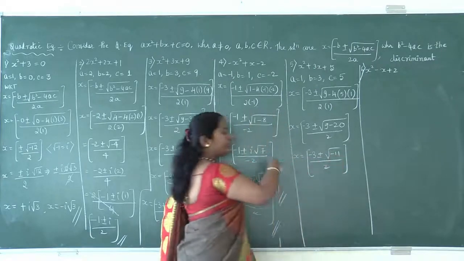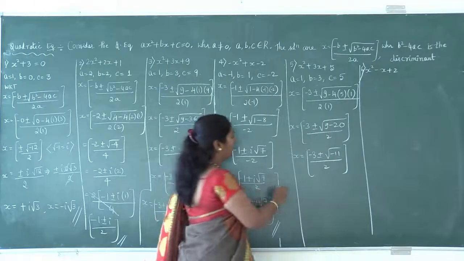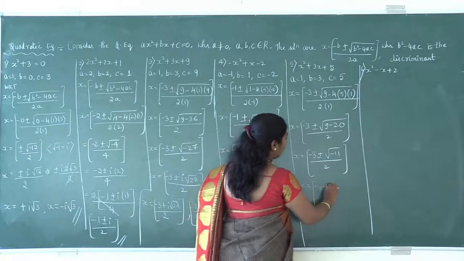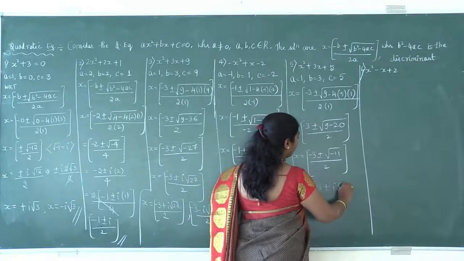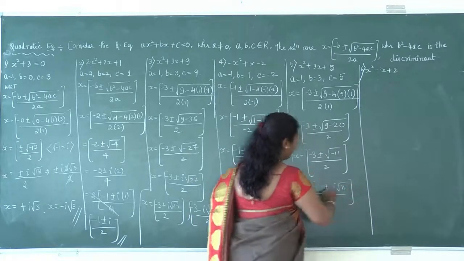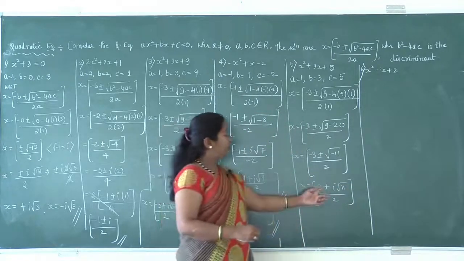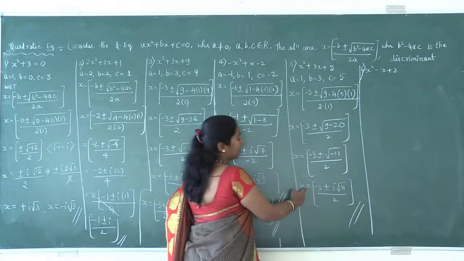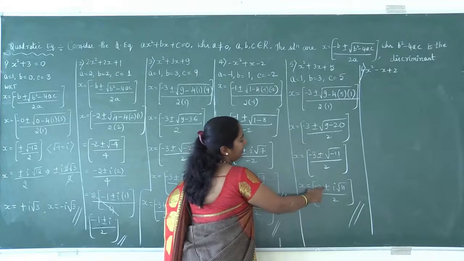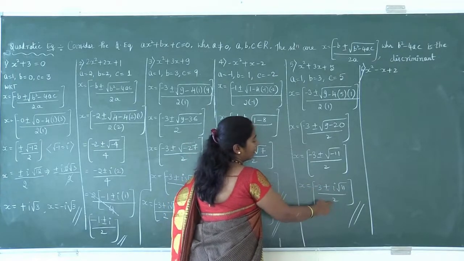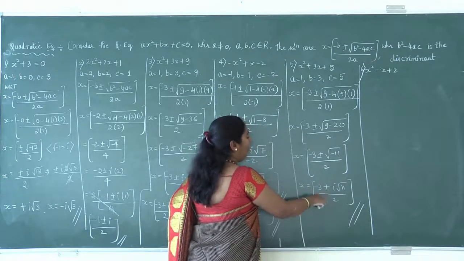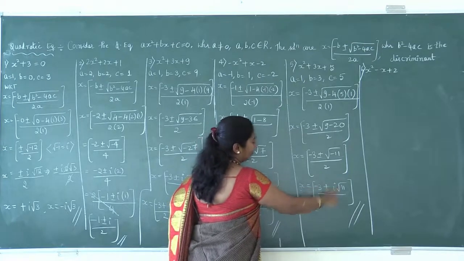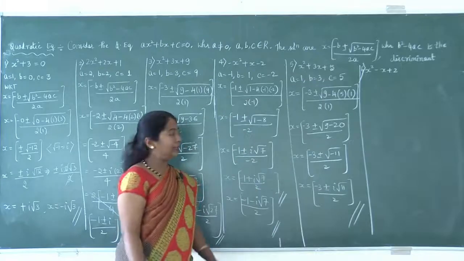I need to represent it in terms of an imaginary number, so I rewrite this as x is equal to minus 3 plus or minus i into root 11 by 2. The solution is one for plus and the other for minus. Solutions are x equal to minus 3 plus i root 11, whole thing divided by 2, or x equal to minus 3 minus i root 11, whole thing divided by 2.